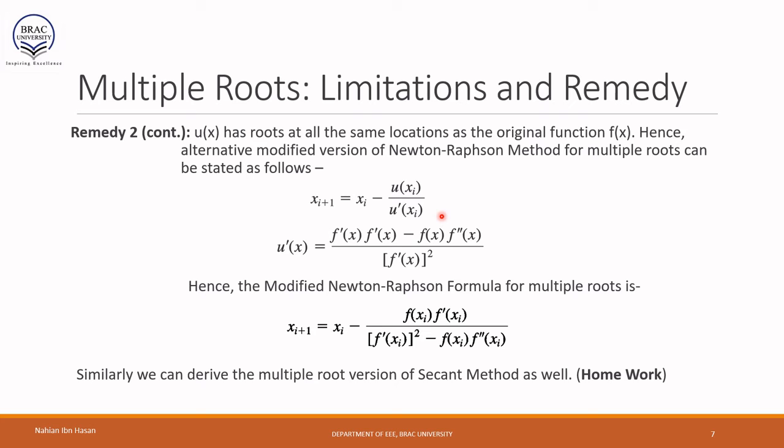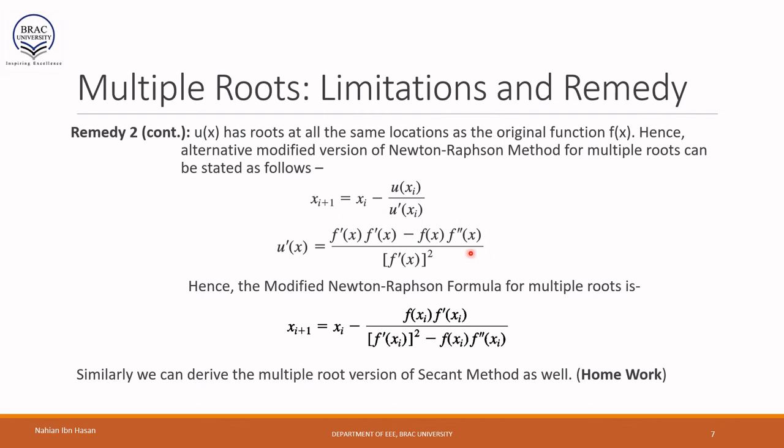If you find the value of u prime of x_i, remember u of x_i itself is f of x_i divided by f prime of x_i. So to get u prime of x_i, we are going to differentiate the whole term f of x_i by f prime of x_i. If we calculate the whole term, we find u prime of x_i, which incorporates both the first order differential term and the second order differential term.